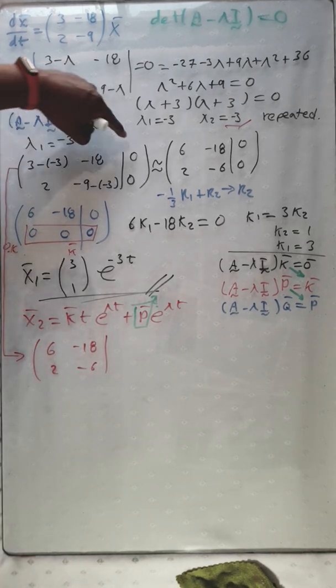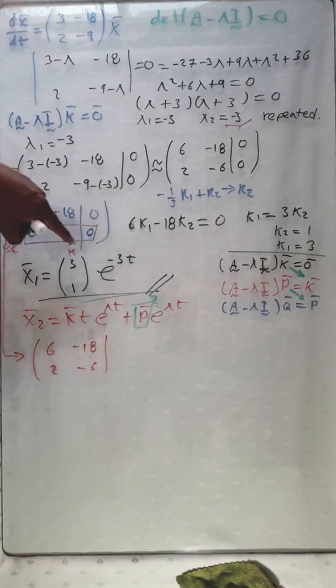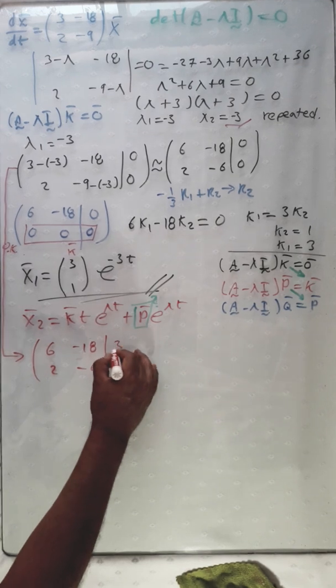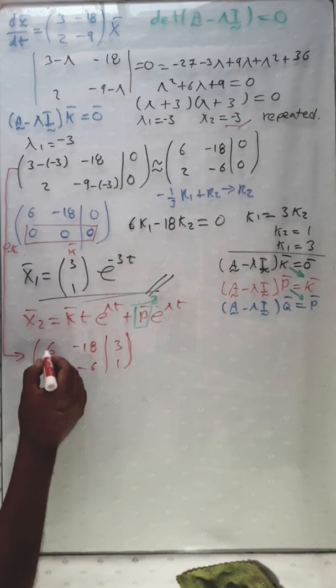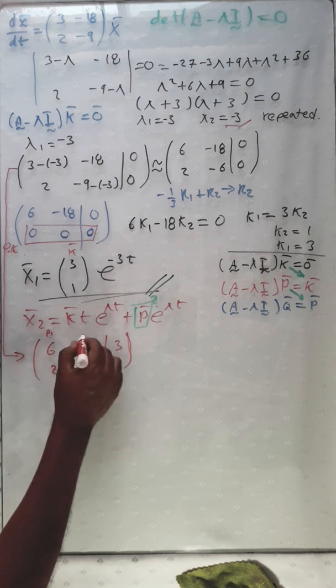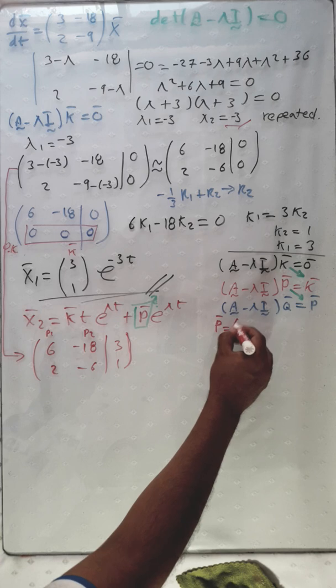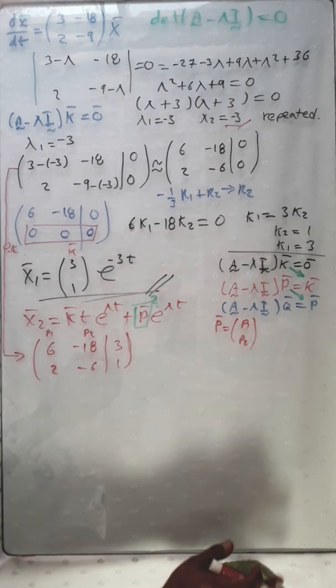But now instead of 0, 0, which is the 0 vector, it's going to be the k vector. What is the k vector? We calculated it here: 3 and 1. And now the first column will be P1 and the second column will be P2, because the p vector is something like P1 and P2, just like the k vector, K1 and K2.